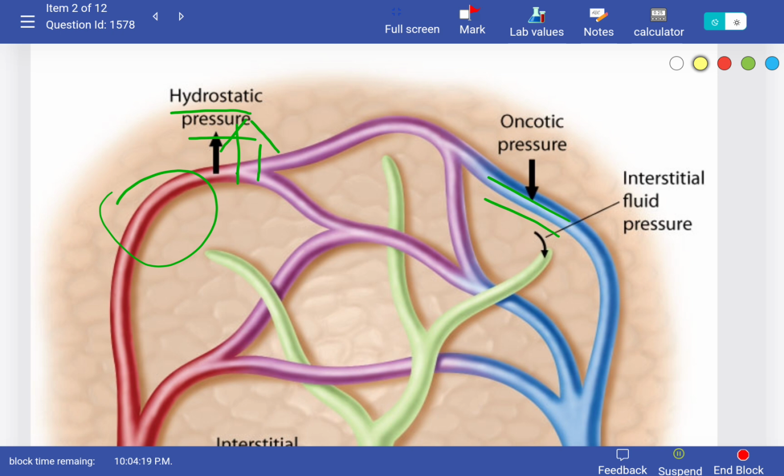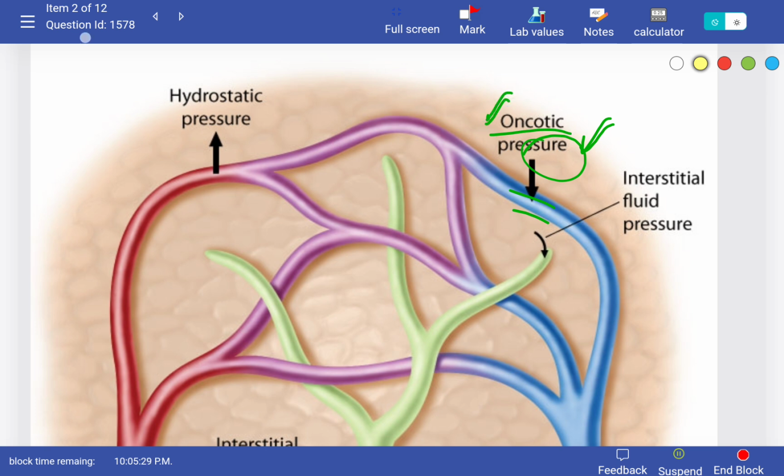the proteins inside the vessels will attract the fluid which is inside the interstitium, so that is called oncotic pressure.